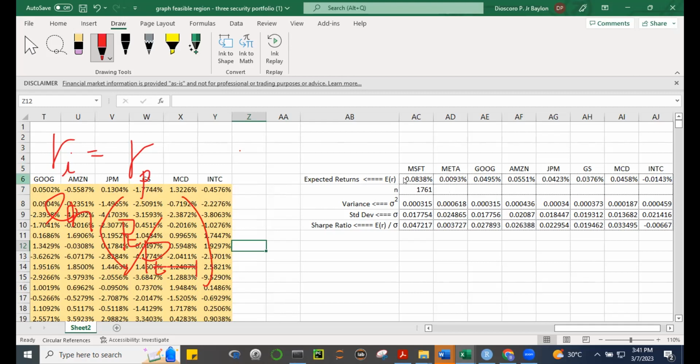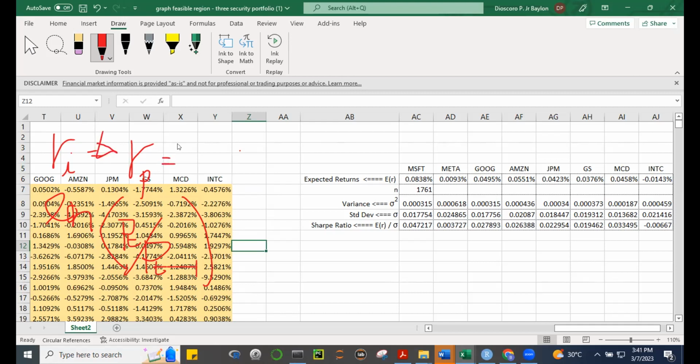And then we got the average. This is the average log returns for the whole period from January 1, 2016 up to December 30, 2022. We're now interested in getting the return of the portfolio.